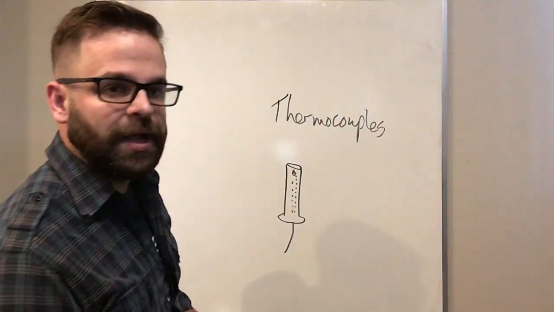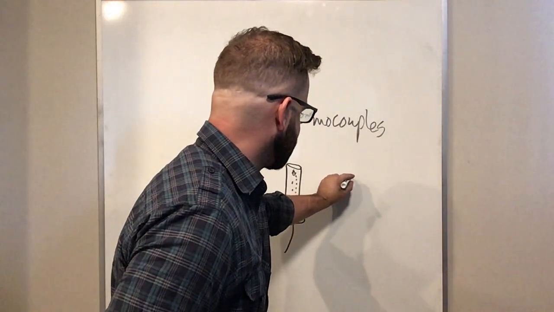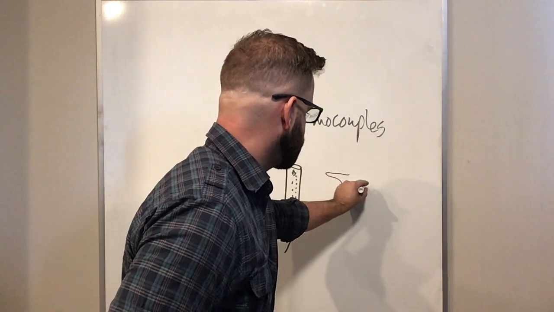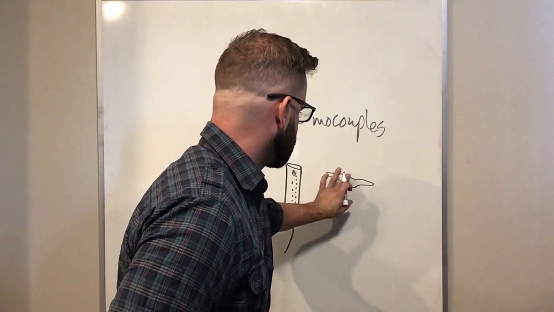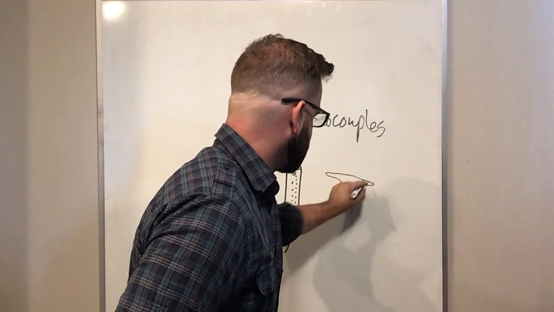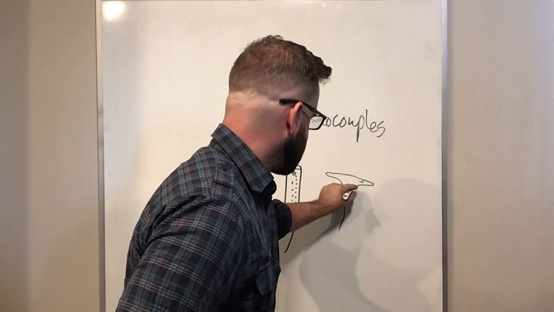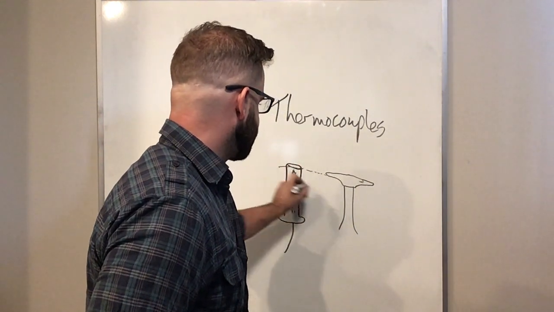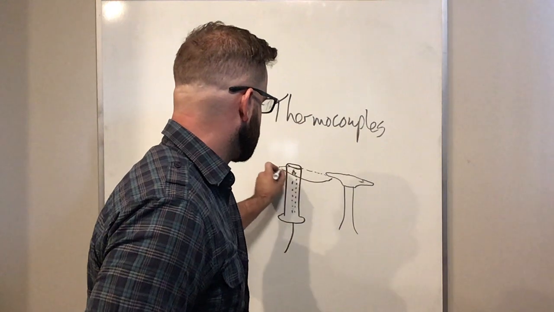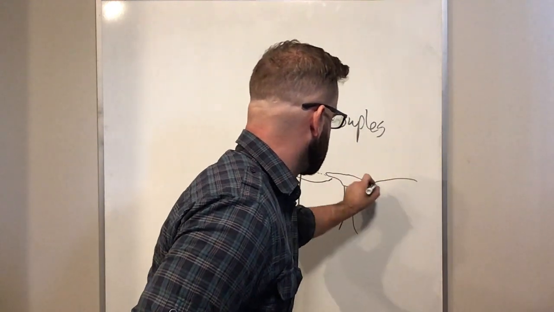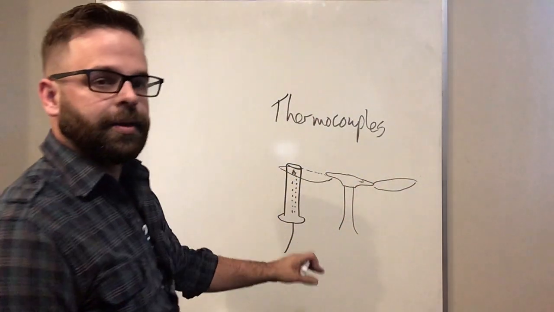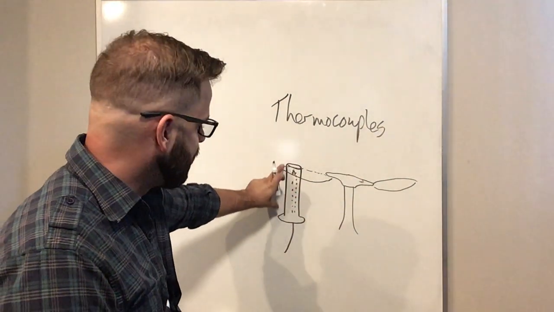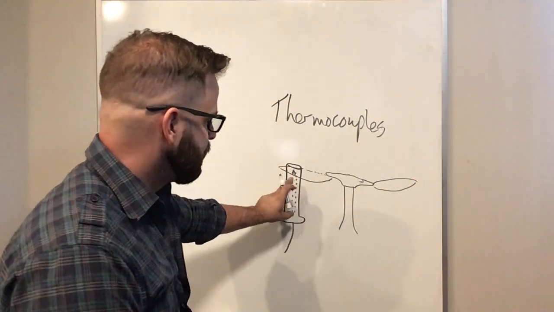And what they're doing is waiting for that flame. So if I have a pilot assembly here, the gas is going to be coming up and producing a flame, and that flame is going to come out both sides of this pilot assembly, but the flame will heat up that little thermal well that the thermocouple's in.